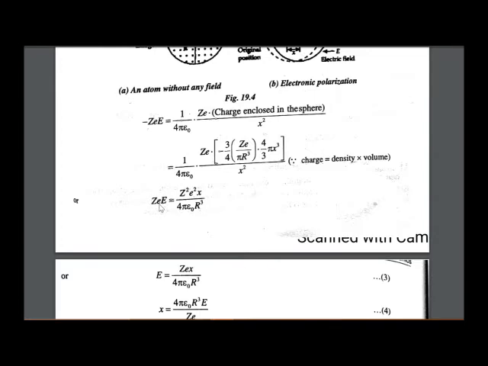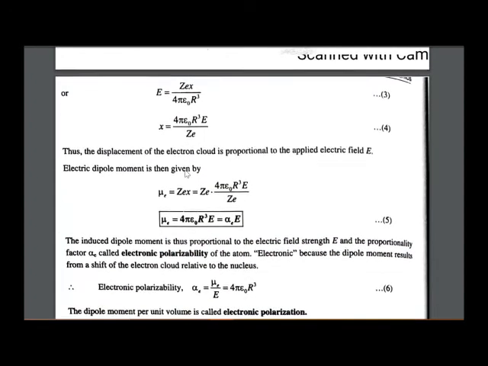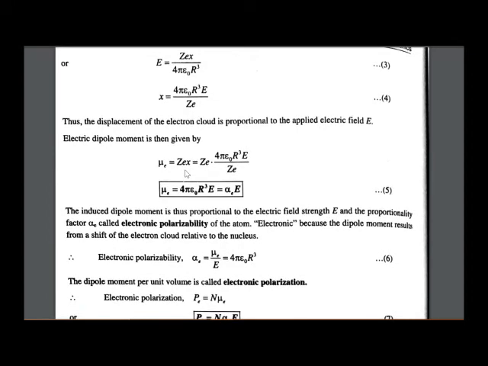Leave it. Ze into E is equal to, after simplifying, Z square e square x divided by 4 pi epsilon naught into R cube. You can think of how you got this after simplification. Further, cancel Z and small e on both sides. We get E is equal to Z e x divided by 4 pi epsilon naught into R cube.